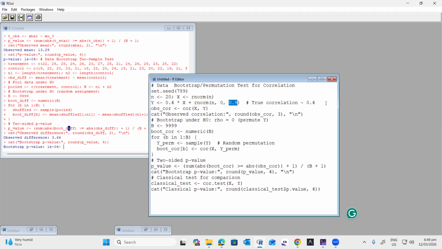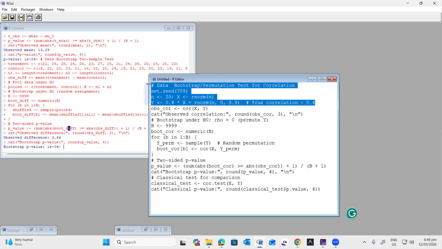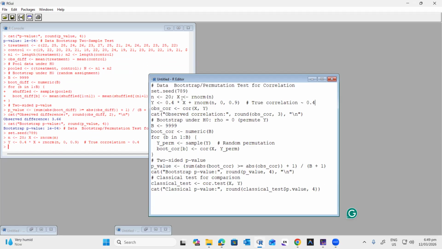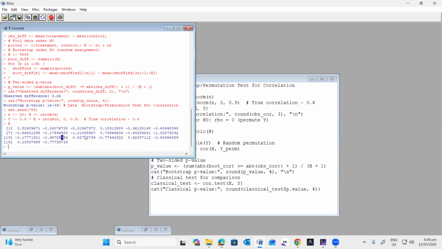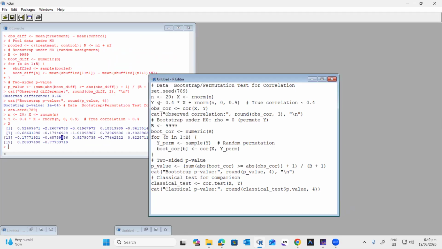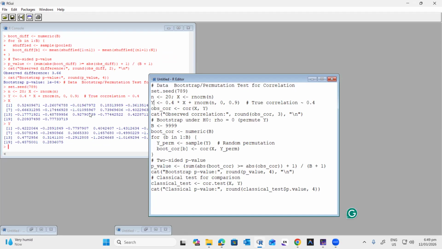All right, so we will try to run it and check it. The observations of x are these values, and observations of y will be this.